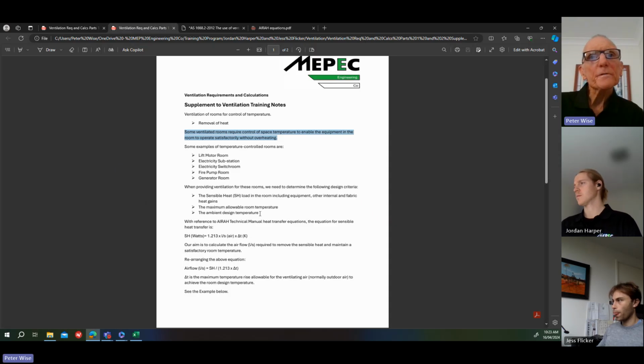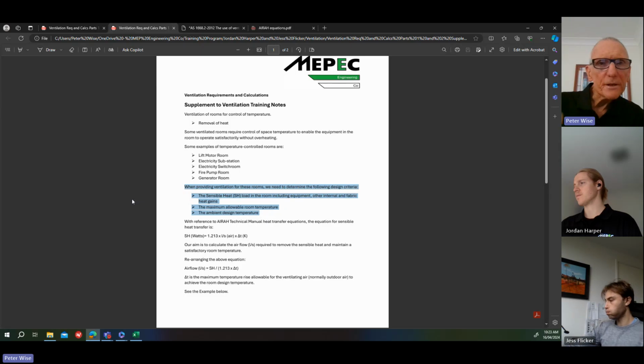So when you're providing ventilation to these rooms, and the example I give later on is for a lift motor room, you need to determine the following design criteria. So we need to work out the sensible heat load in the room, including the equipment. All the equipment's giving off some heat into the room, and you need to find out from the manufacturers what the heat dissipated by the machinery is.